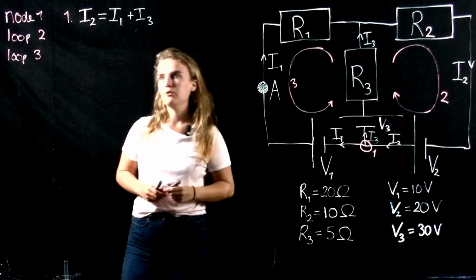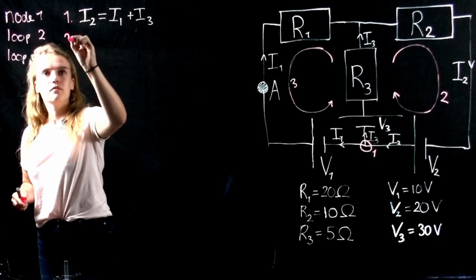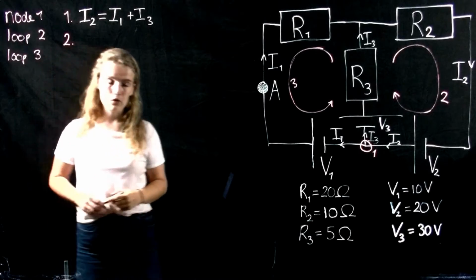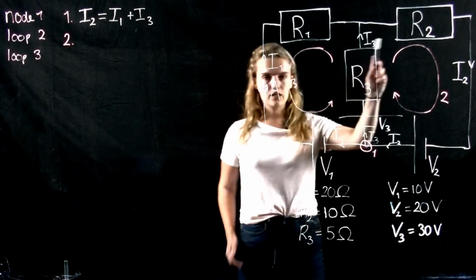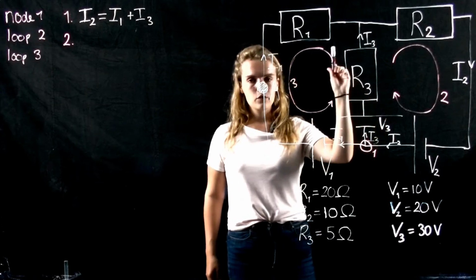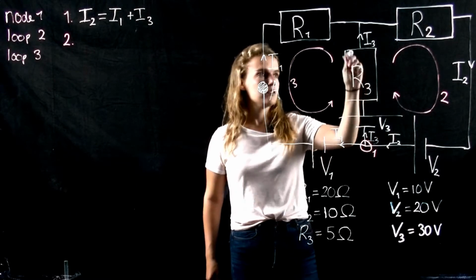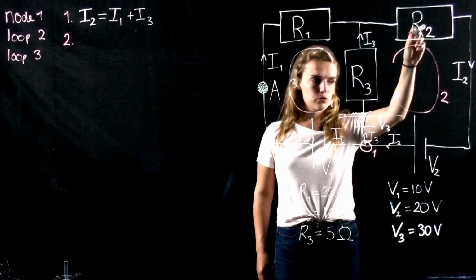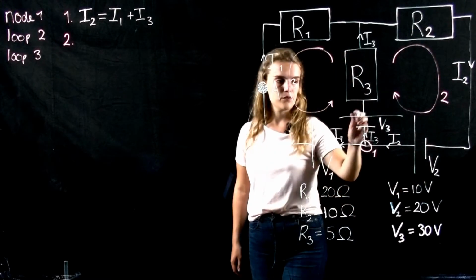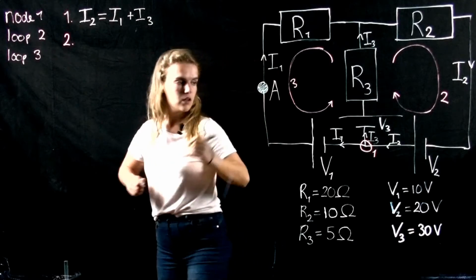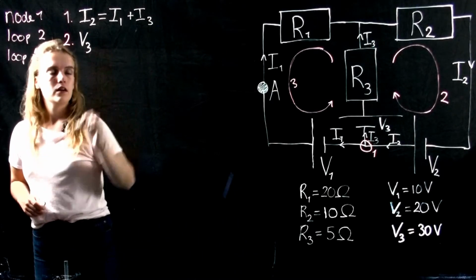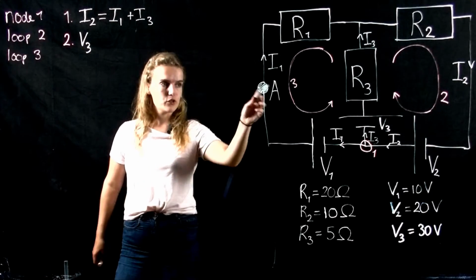And we will use this later to fill it into the second loop, because as we look at loop 2, we now have to look at voltages, because we are looking at a loop instead of a node. So we have the voltage V3, then the voltage dissipated through R3, the voltage dissipated through R2, and we have V2 as well. So let me start with V3. Then we look at the voltage through R3.